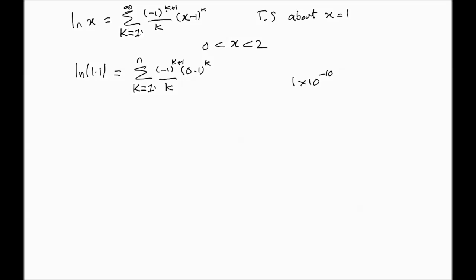This is a practical example of the remainder. First of all, let me show you what is R_n of 1.1 for this particular series. I need to calculate that first.